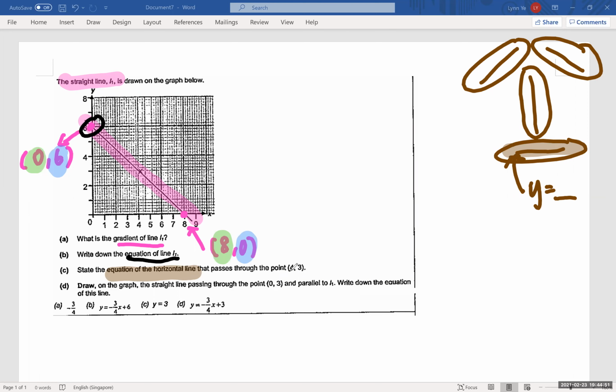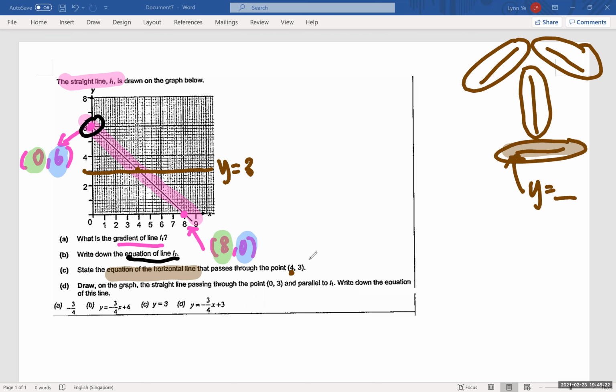And they say that it passes through (4, 3). So this (4, 3) means it passes through this particular point, and it is a horizontal line. So if it's a horizontal line like that, that means y is equal to, so it passes through 3. So the answer is just y equal to 3 because it's referring to only the y value. So this 4 is just a distraction. The answer for C will just be y is equal to 3.